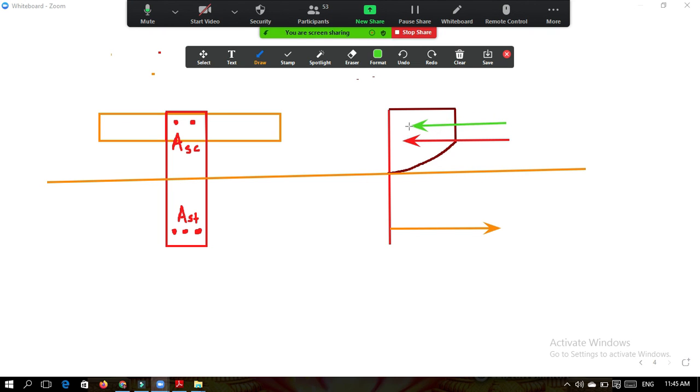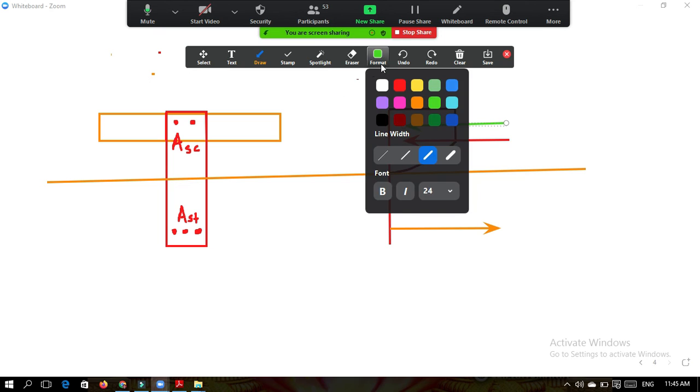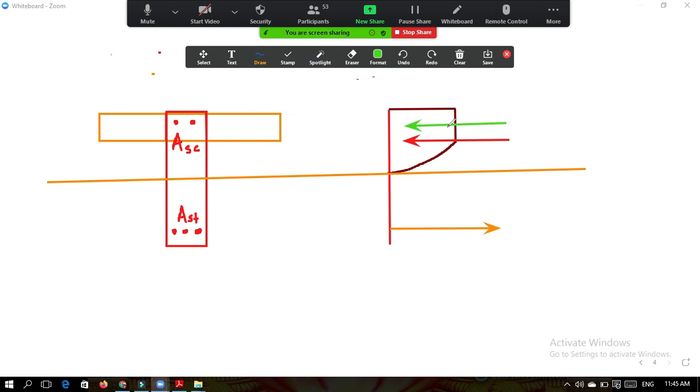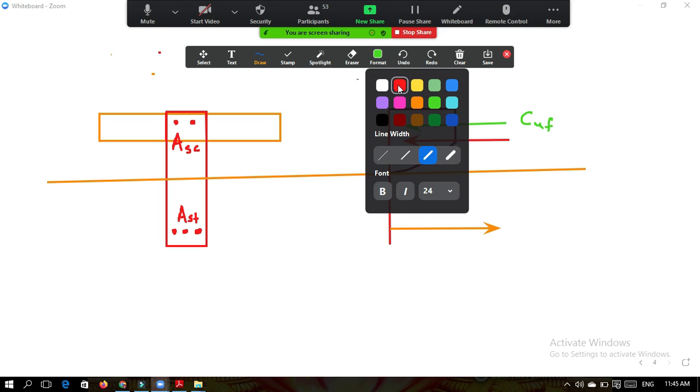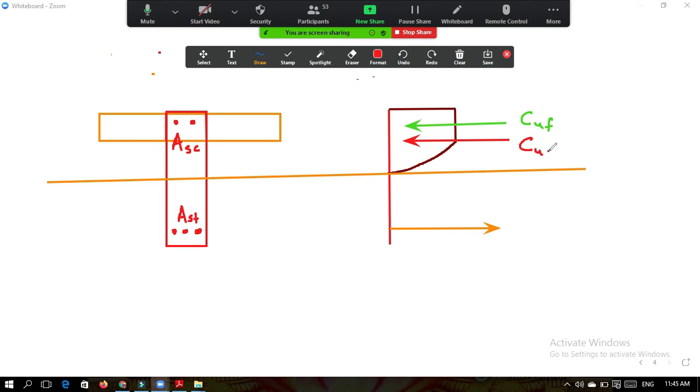This is a regular thing, you know that. So I will give the name, this is your CUF force. Then this is your CUW, and this one is TU. This is normal. Up to this point there is no difficulty. You already know this when the neutral axis is in the web.